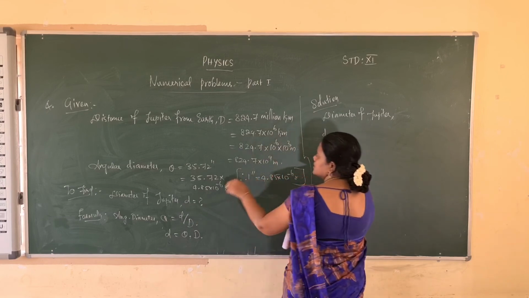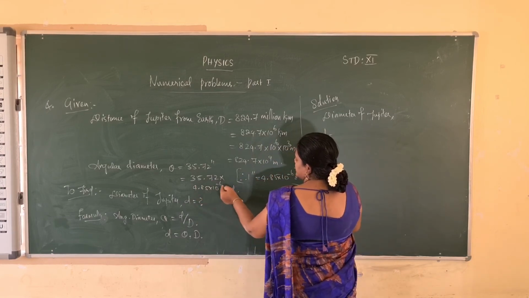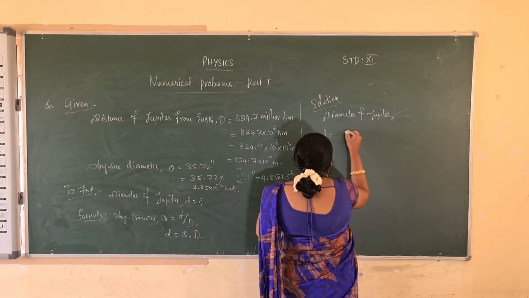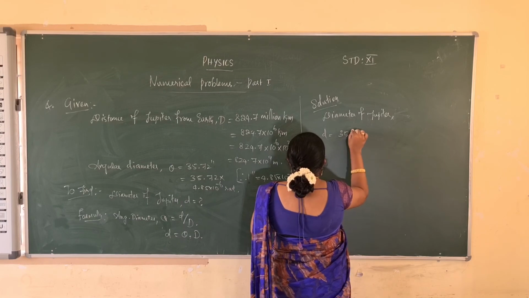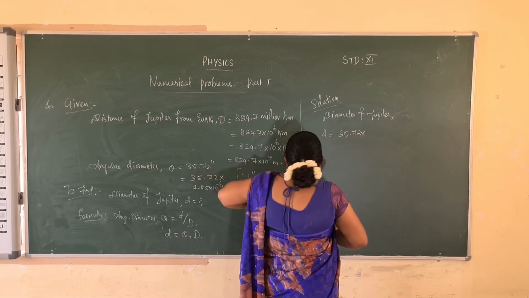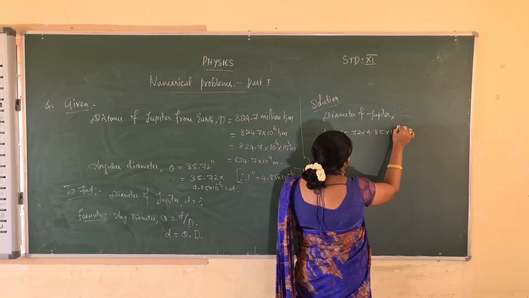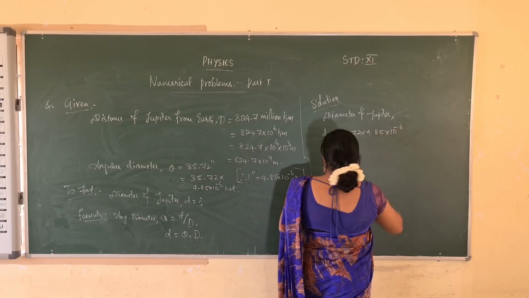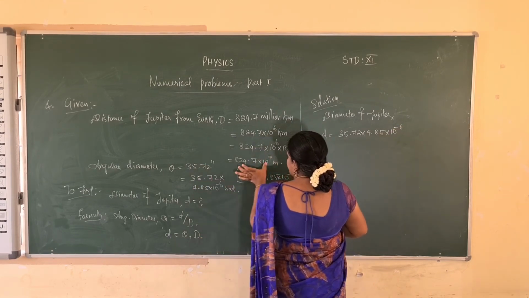Theta value is 35.72 into 4.85 into 10 power minus 6 radian. That's the theta value, and then capital D value is this.